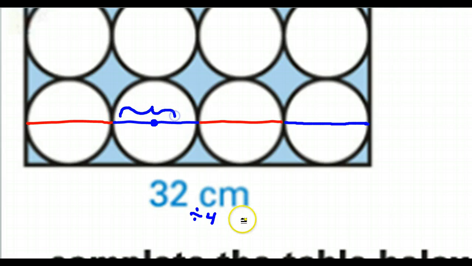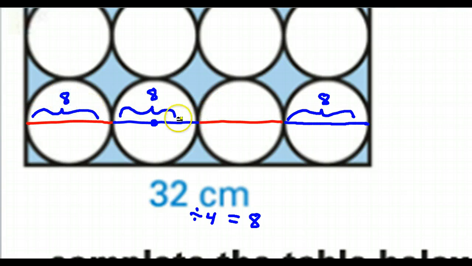So each one of these diameters is 8. You feel me? This is bothering my OCD. I wanted to make that red so it would match the red, but I don't have time for that. So these diameters are all 8, 8, 8, 8. Total of 32. Fine.